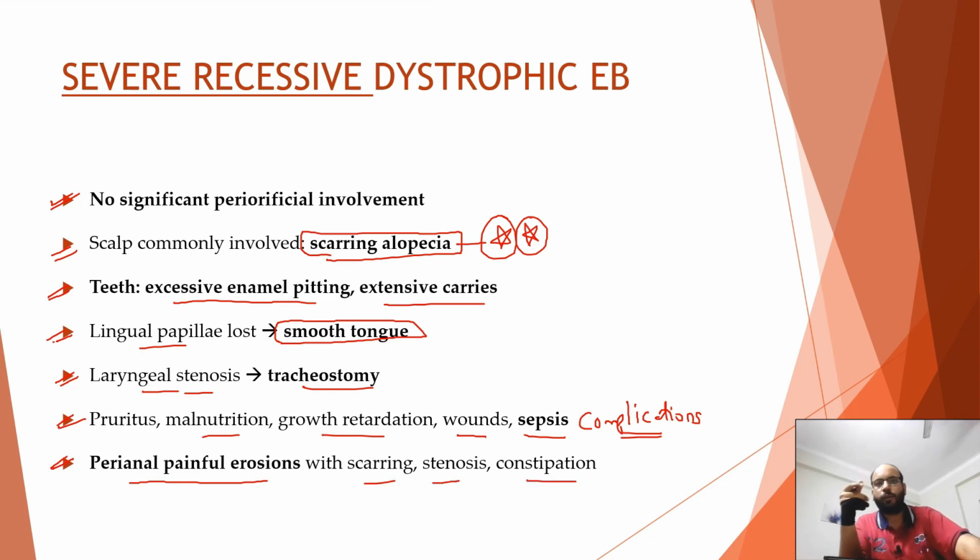Similarly, because of perioral stenosis, the child is not able to eat, and because of painful perianal erosions and scarring and stenosis, the child would be constipated. So we have to look at that. There have been instances of describing a very thin tube of stool coming out from the anus because the anal opening is stenosed.